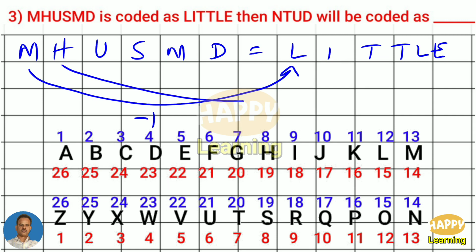Similarly, from H to I, GHI, you are taking one step forward. So alternately, one letter is taken one step back, one letter is taken one step forward.